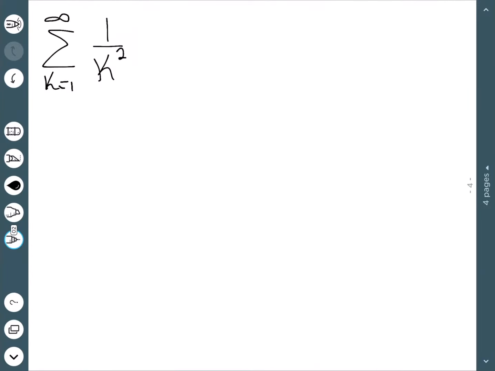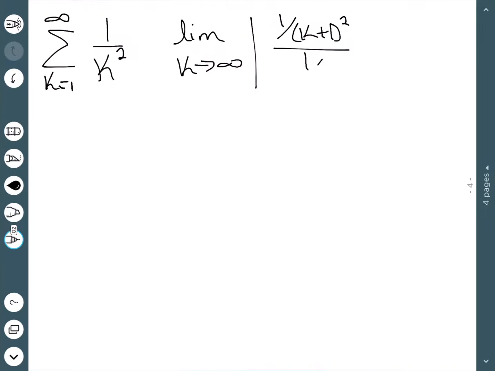Now let's consider the sum from 1 to infinity of 1 over k squared. I'm going to take the limit as k goes to infinity of the absolute value of 1 over (k plus 1) squared all over 1 over k squared. Once again, I'm going to drop the absolute values because I'm only dealing with positive numbers.